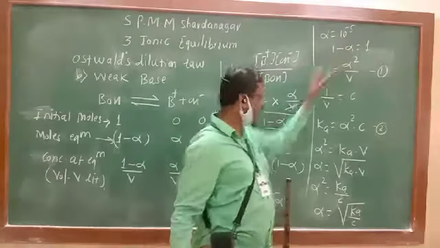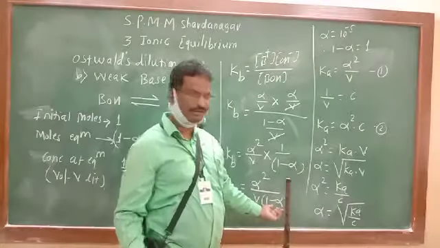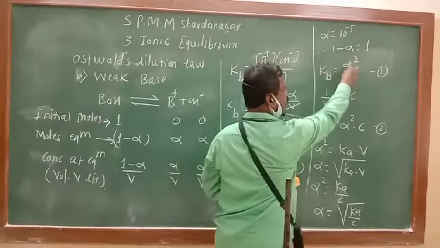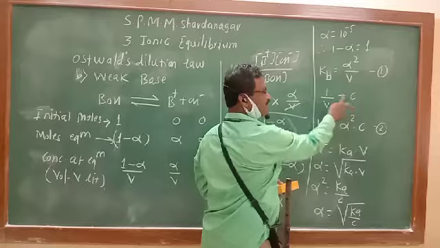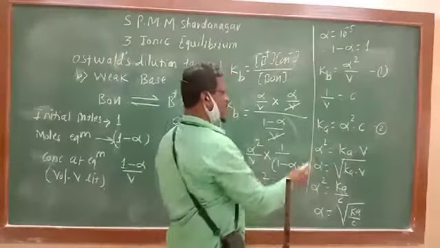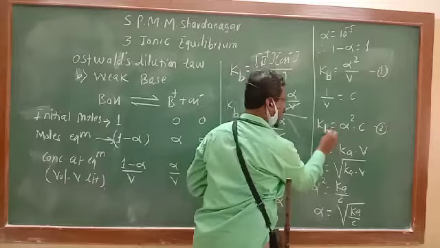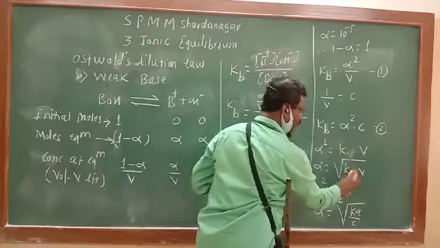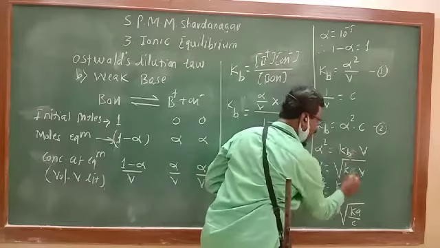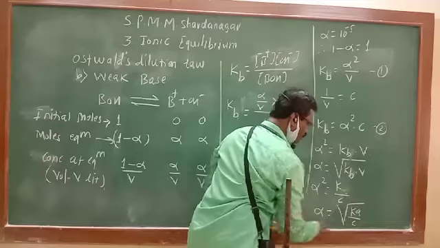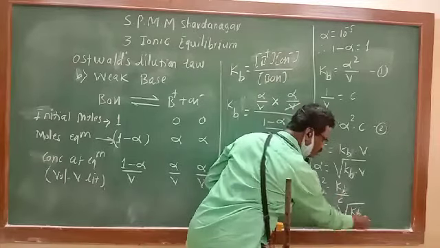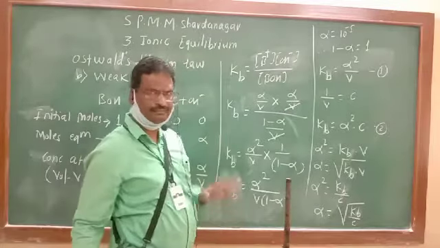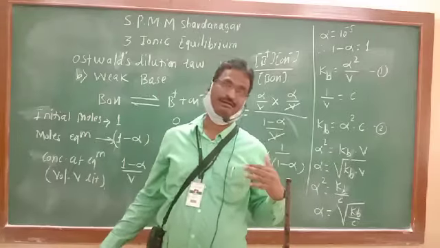At that time 1 minus alpha will become approximately 1, and this equation we can write as Kb is equal to alpha square upon V. Since concentration and volume are inversely proportional to each other, we can write Kb equal to alpha square C. So here also every time Ka is replaced by Kb, and finally we get the equation of Oswald dilution law for a weak base.